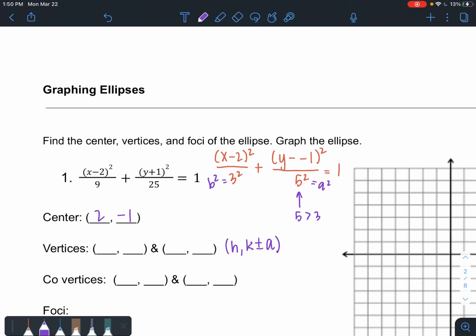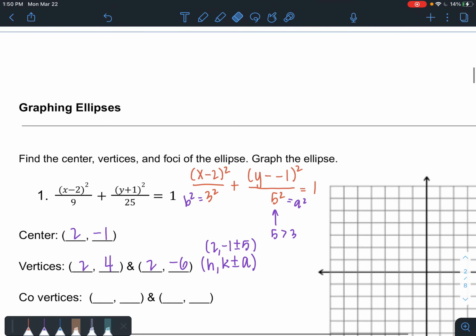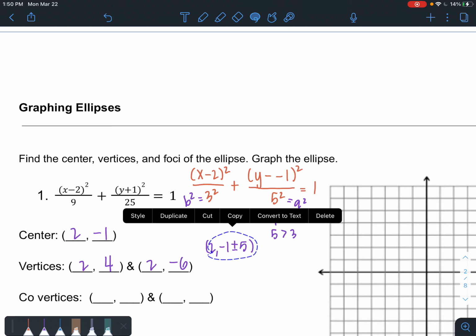So my h is just 2, but my k plus, so we're looking at negative 1 plus 5 is 4, and negative 1 minus 5 is negative 6. So this is (2, negative 1 plus or minus 5) here for that (h, k plus or minus a). Make that a little bit more clear.